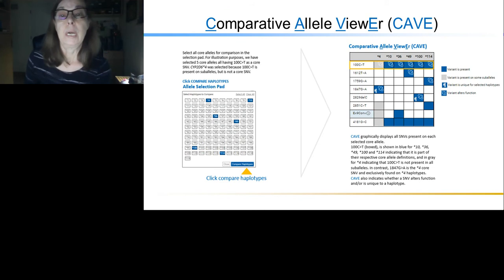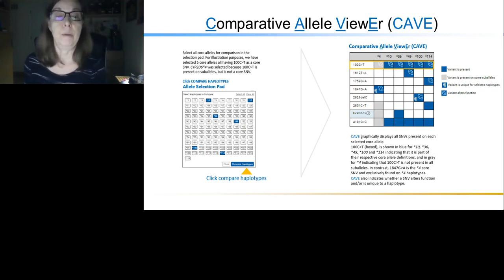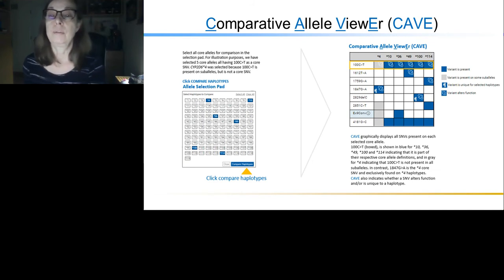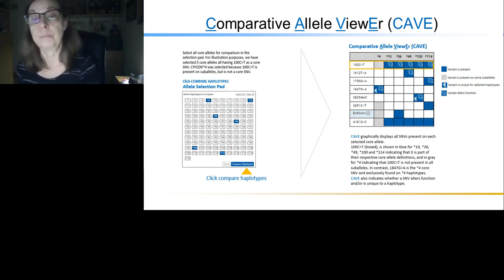I want to quickly give you an overview of our comparative allele viewer or CAVE tool. So this is a pretty nifty tool where you can choose the alleles you would like to compare on a selection pad, which is shown on the left. And then on the right, it shows you a graphical comparison of these different allelic variants.